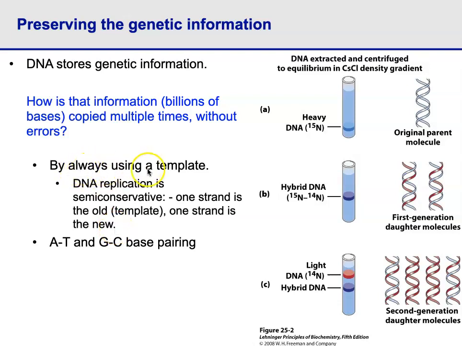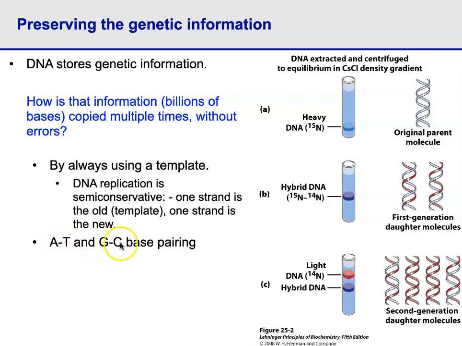So a big reason why we can copy DNA almost perfectly so many times is because we use a template. Well, that is a good reason, but it's not the only reason. Another reason is also because the synthesis of DNA follows this exact prescription that each A in the template will associate with a T, and each T in the template will be associated with an A, and the same goes for G's and C's.